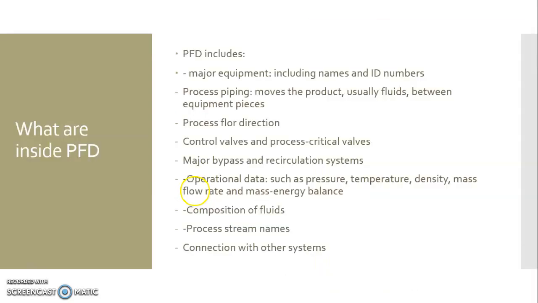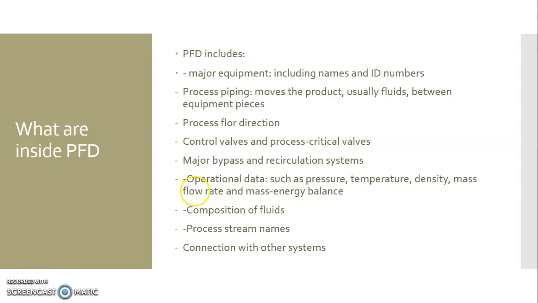Okay, so what is inside a PFD? What needs to be included in a PFD? Major equipment including names and ID numbers, process piping that moves the product, usually fluid, between equipment pieces, process flow direction, the flow, major bypass, operational data such as pressure, temperature, density, mass flow and mass energy balance, composition of fluid, process stream name, connection with other systems.